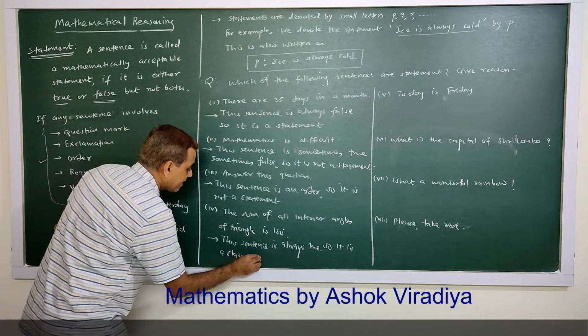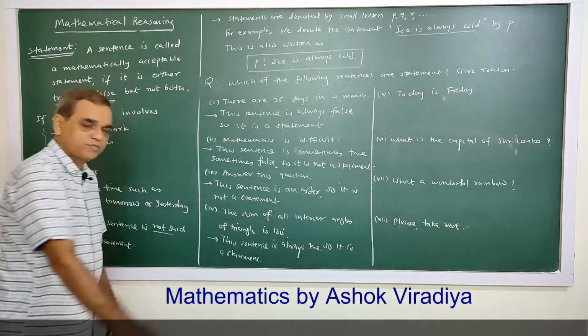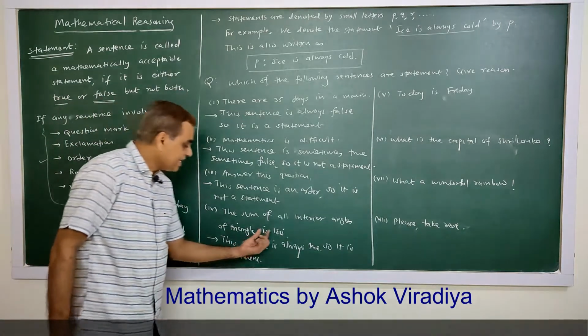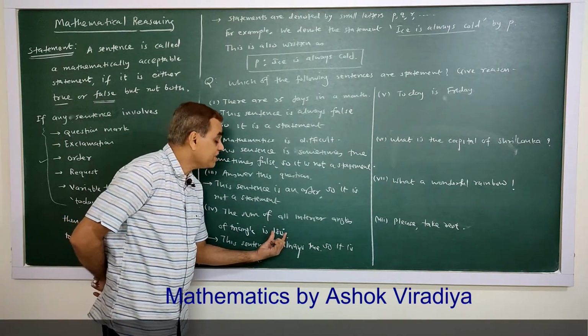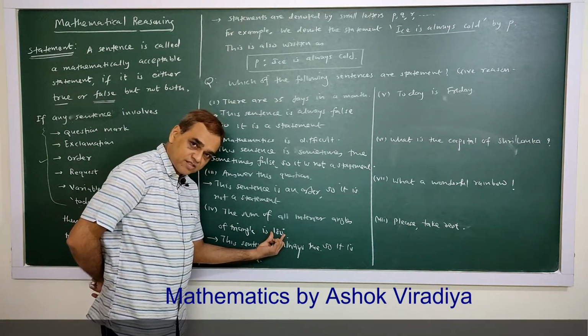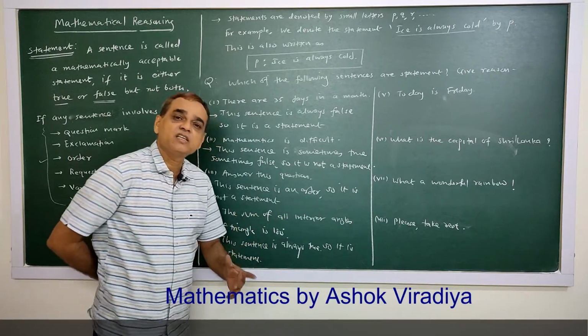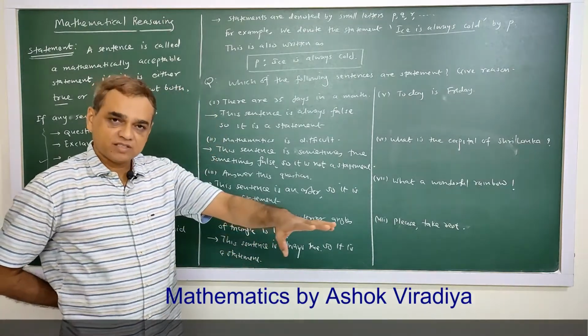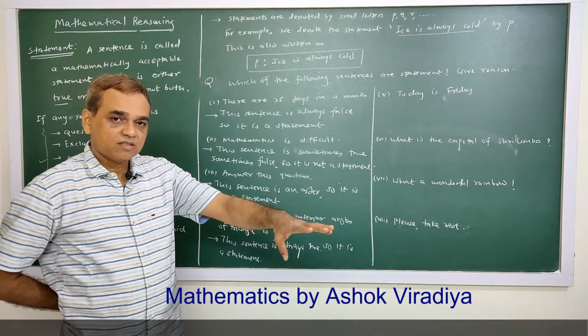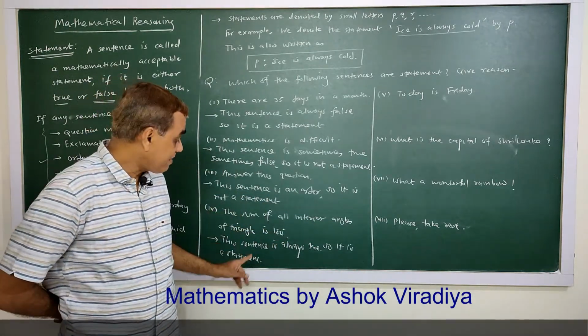For any triangle, it is true. If I put any other number here, suppose I give 360, then the sum of all interior angles of a triangle is 360 is always false. Then also it is a statement.